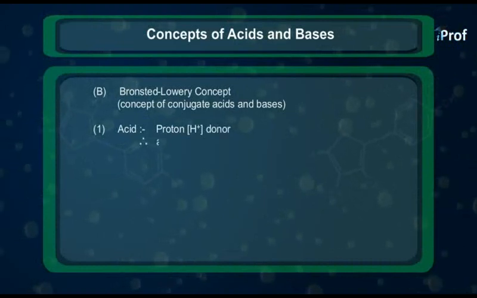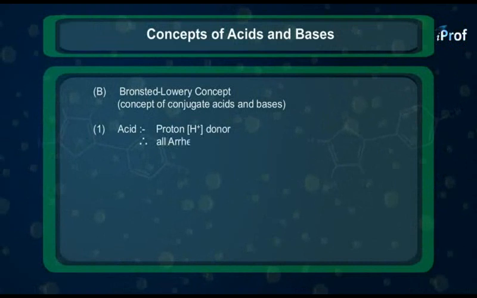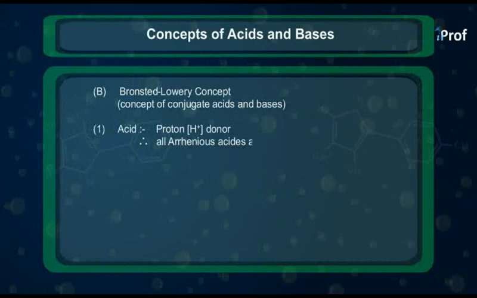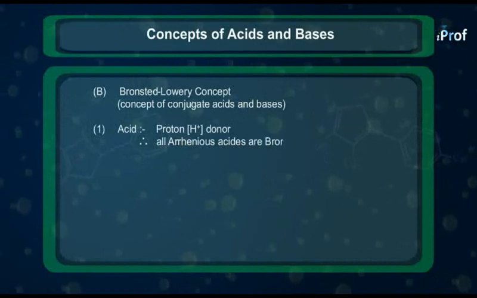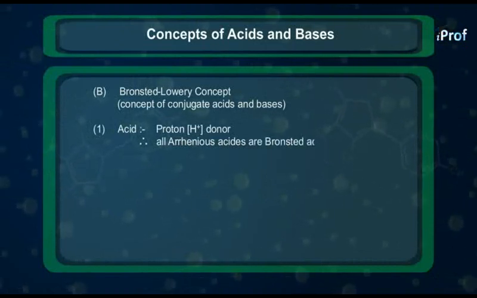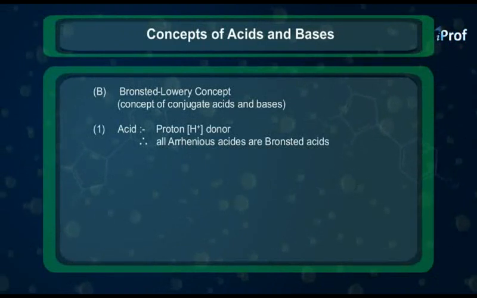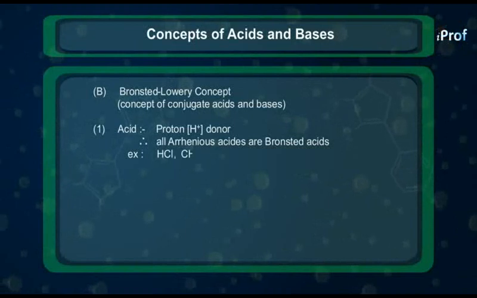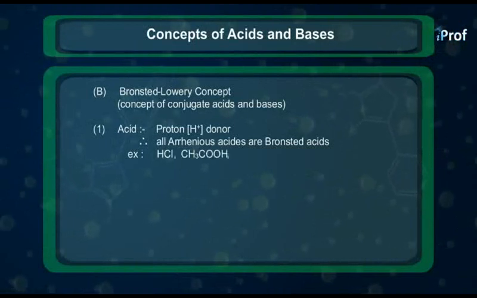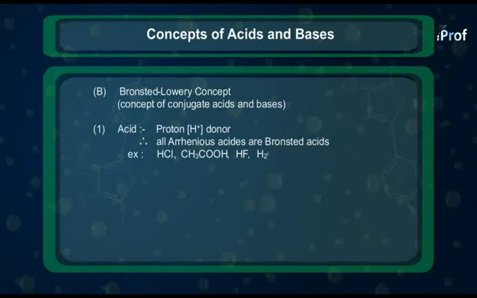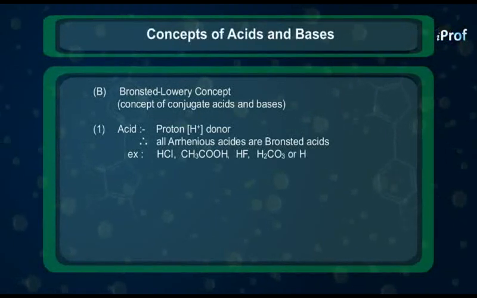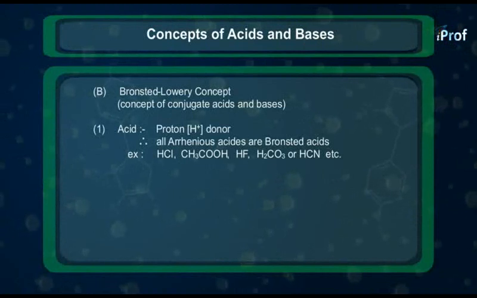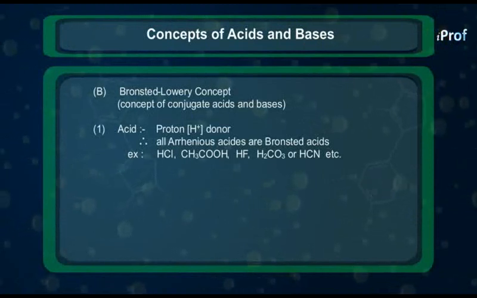Since all Arrhenius acids were capable of giving H+ ions, therefore we can generalize that all Arrhenius acids are nothing but Bronsted acids. The examples are the same, like HCl, CH3COOH, HF, H2CO3 or HCN. They are similarly strong or weak acids.